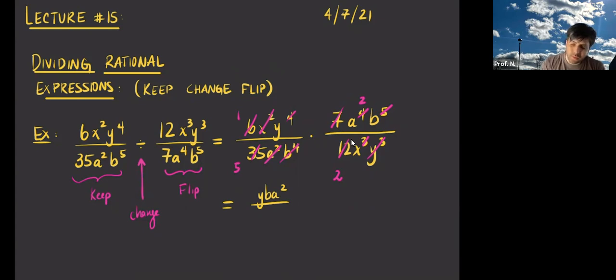This is b to the fifth, not b to the fourth. So b to the fifth power cancels out with b to the fifth up here. So there should be no b left. So I'm left with only y and an a squared in the numerator. And in the denominator, if you notice, you have 5 times 2. Remember, we multiply the things across, right? So 5 times 2 is 10. And I'm left with an x. So this should be my final answer here.